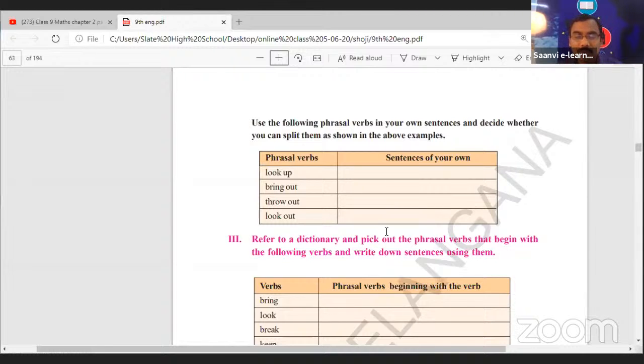The next phrasal verb is bring out. Bring out means relax. In that column itself, you write the meaning, relax.